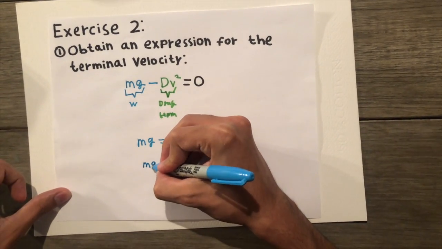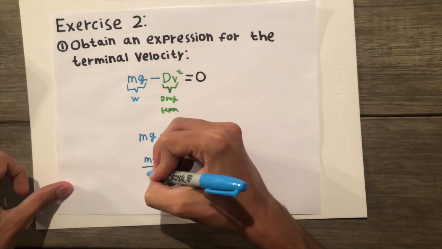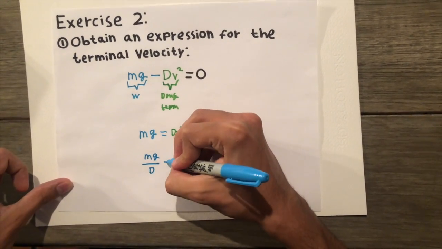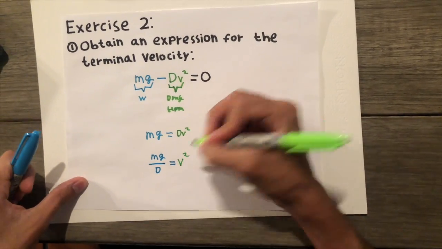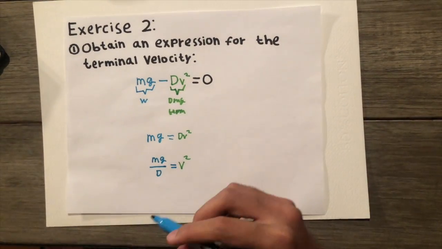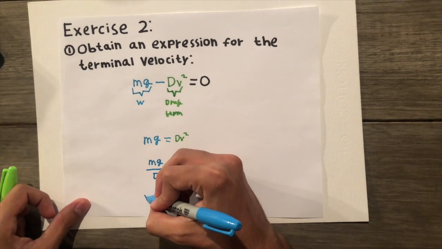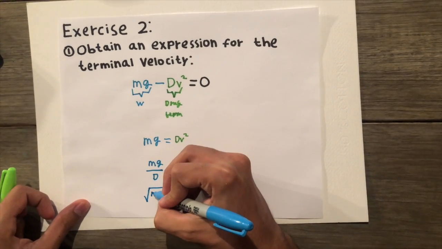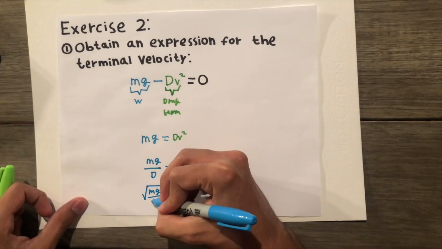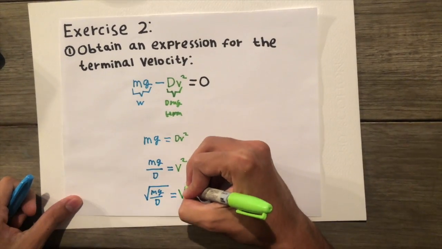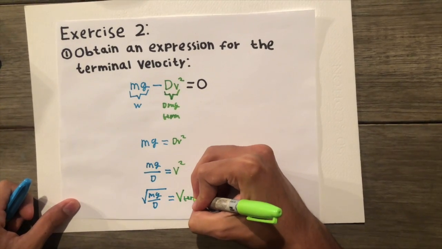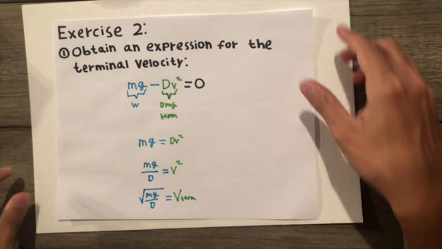So now we have the weight divided by the constant d, and this equals the velocity squared. Now we take the square root of everything that is on the left, and this gives us the formula for the terminal velocity.